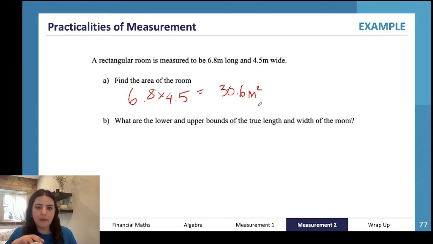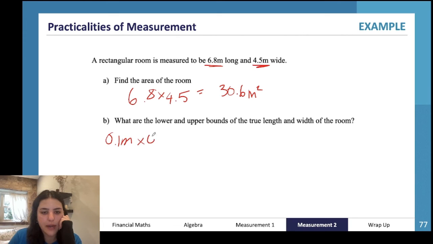Now, the second part of the question is a little bit more complicated. What are the lower and upper bounds of the true length and width of the room? So we need to work out the true length and width and their lower and upper bounds from 6.8 and 4.5. So they both have the same absolute error, which is 0.1 meters.